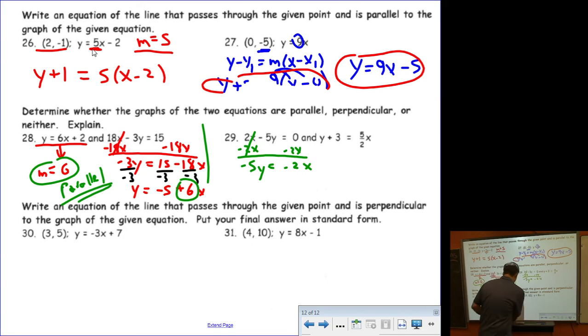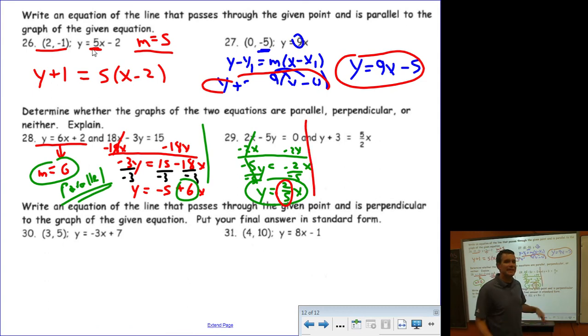And then I'm going to divide by negative 5 and get y equals 2/5 x. So that is a line that is now in slope-intercept form, and its slope is 2/5.